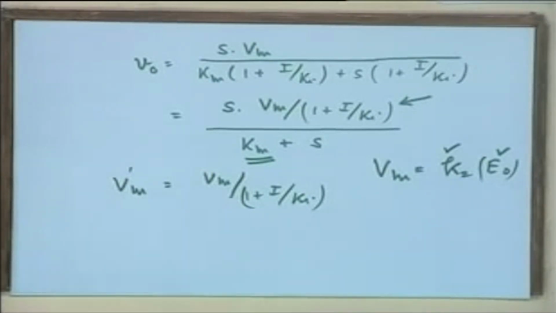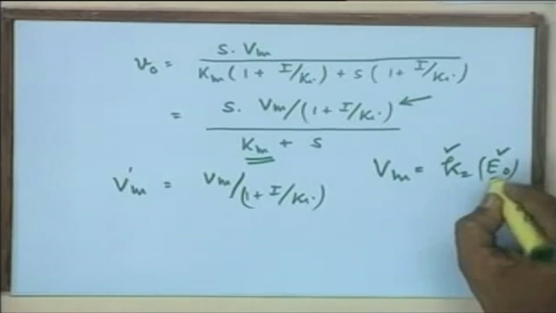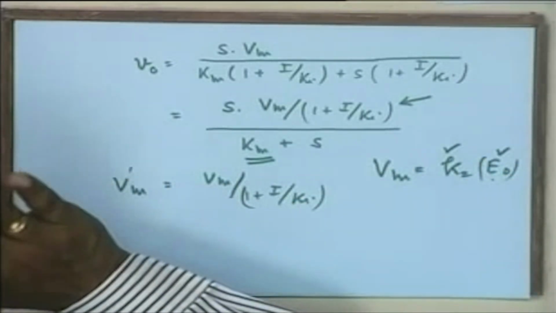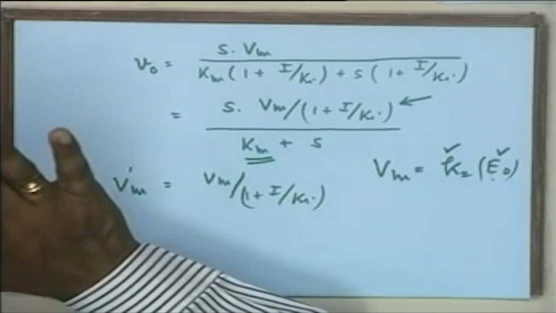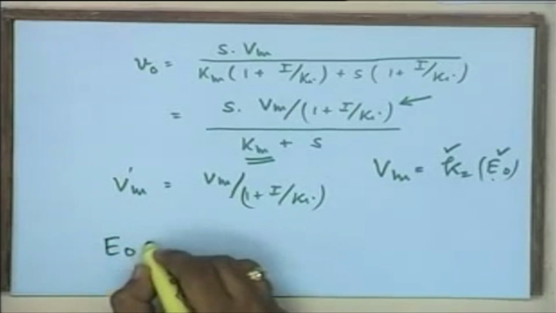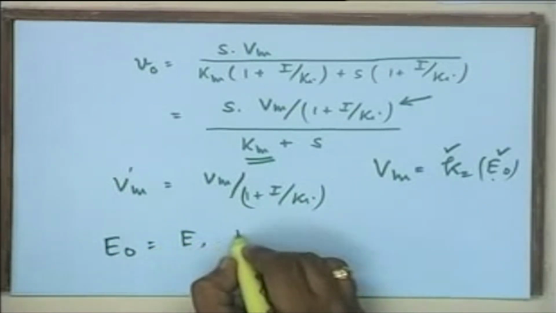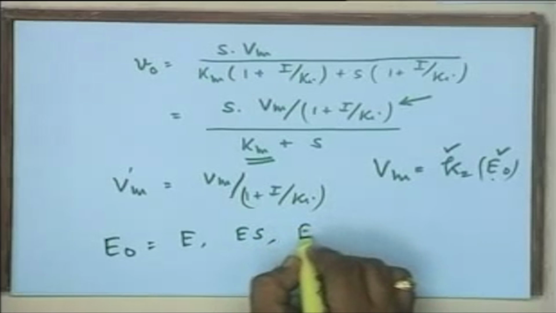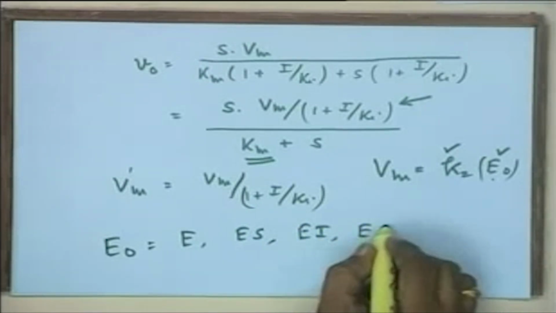So how can the E0 be reduced? It is a fixed quantity. E0 is a fixed quantity when there is a non-inhibited reaction. Once the inhibitor is present, E0 will be distributed into free enzyme, ES, EI and ESI.